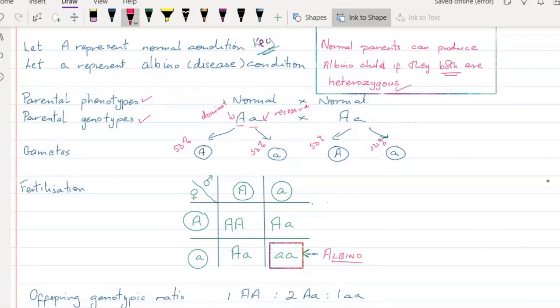And then you do your Punnett. This is what you call a Punnett square, where you line it up just like a little table. You put the gametes for one parent on the header row, and then you write the gametes for the other parent on the header column, and then you just combine.